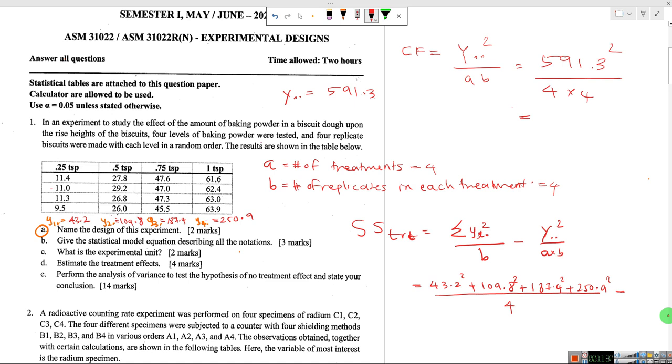So divided by 16 gives me 21,852.2366063. Check your answers, and if I have done anything wrong in the calculation, you can let me know in the comment section. So now the correction factor is this value, 21,852.23. Okay, now we will calculate this.